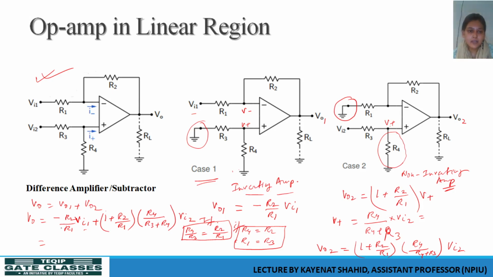If I just solve it here, this will be minus R2 by R1. If we just solve this equation, it will be 2 by R1, and this can again be written as 1 over R3 by R4 plus 1. So this R4 by R3 and R3 by R4.